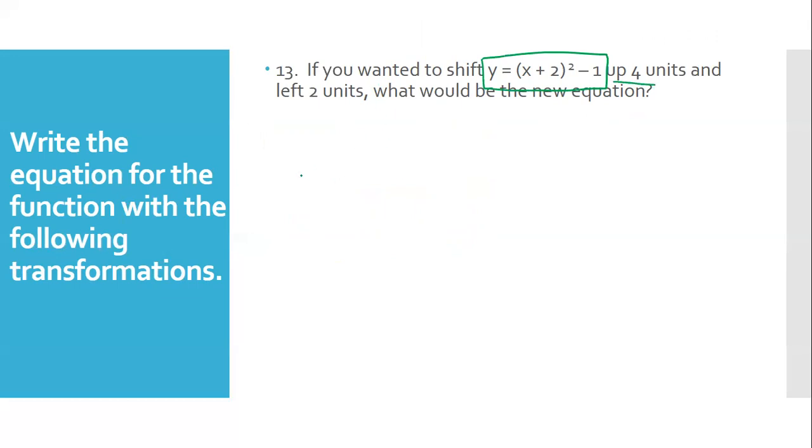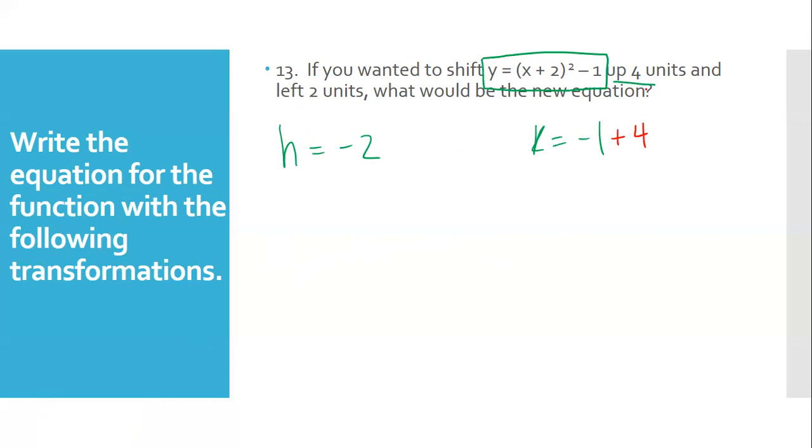So which value is that affecting? So my h is currently negative 2, and my k is currently negative 1. Up 4, which one of these am I affecting? The k. So to my k value, what do I want to do to it? I want to go up, so I want to add 4 to it, right?